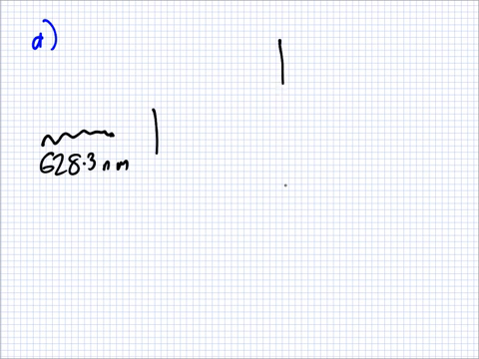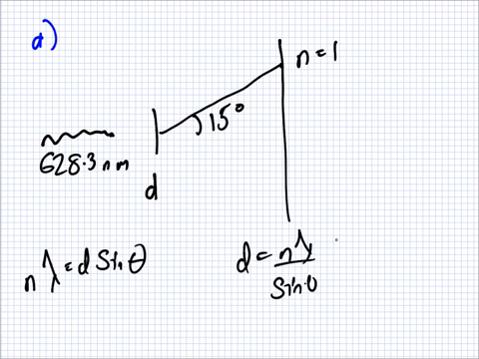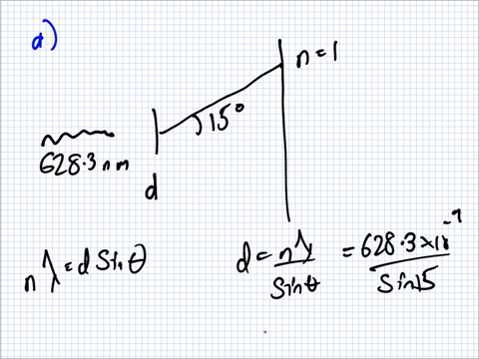And we would want the d for this first order angle, the angle is 15 degrees. Right, so what's the formula? n lambda equals d sine theta. So d is n lambda over sine theta. The n is 1, so it's 628.3 nano divided by sine 15 is the answer.